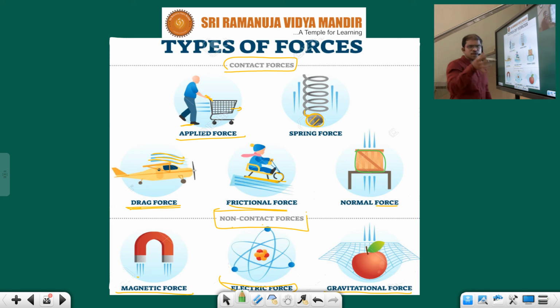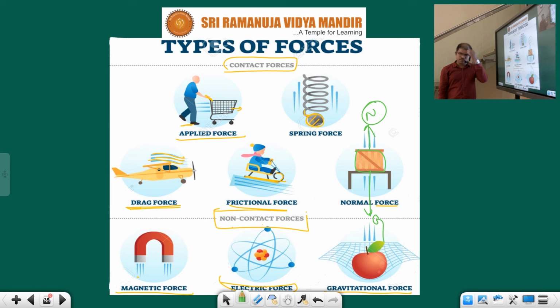Suppose if this table is removed, it will fall down. But what this table is doing? It is acting some opposite force for the gravitational force. Gravitational force is downwards and this table is acting some force on the block in the opposite direction. That force is nothing but what children? Normal force.